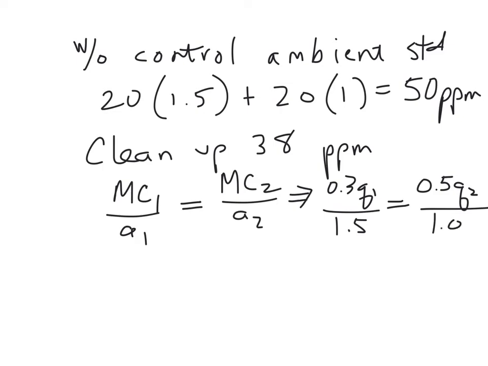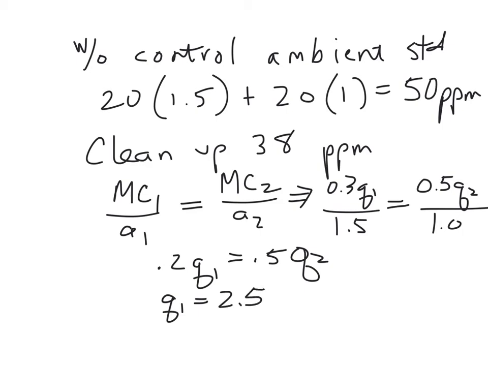And when we work all that out, we get 0.2 Q1 is equal to 0.5 Q2, and simplifying, Q1 is equal to 2.5 times Q2. So there's an infinite number of points that satisfy that relationship, but we know a little bit more.